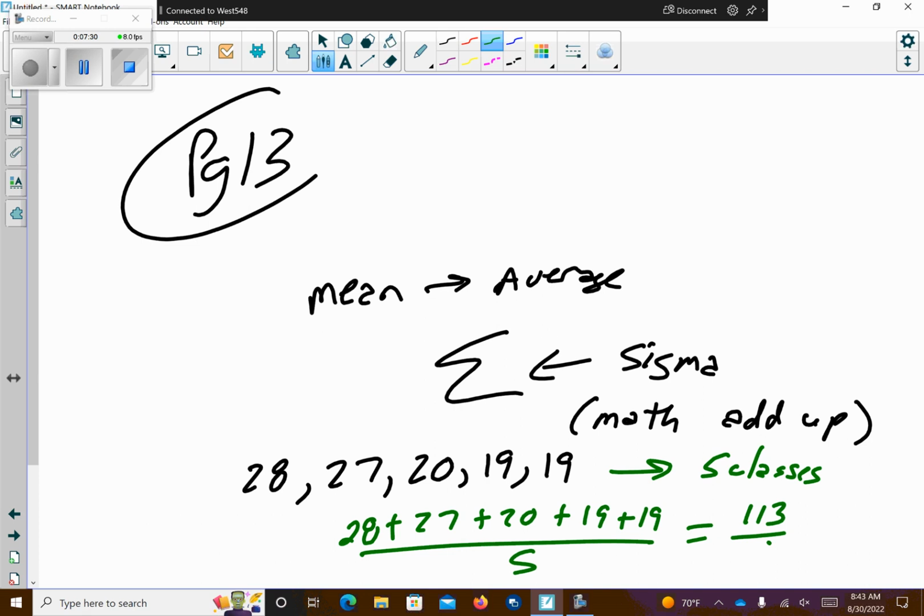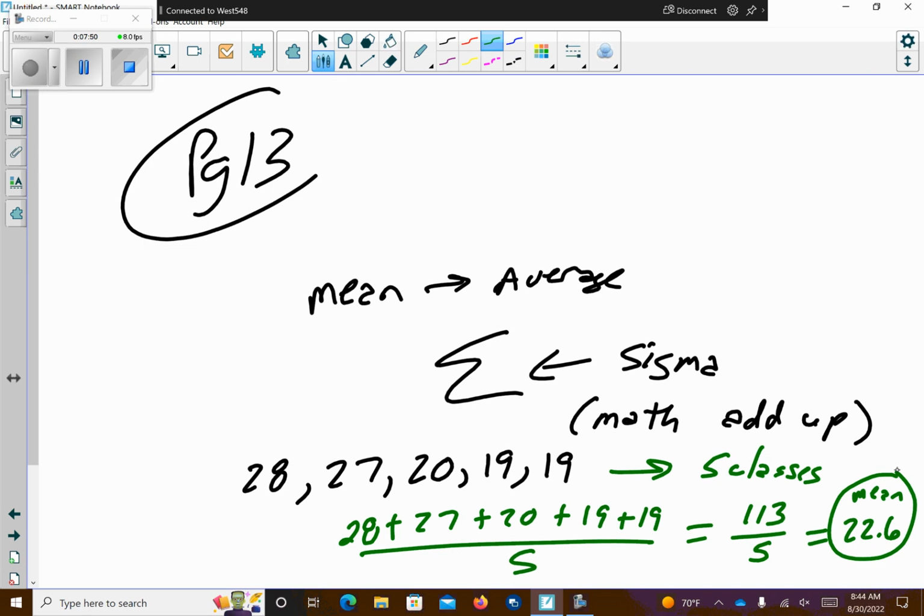And will you go 113 divided by 5 for me, please? 22.6. So the average, or the mean, of the stat analysis classes is 22.6 students per class.